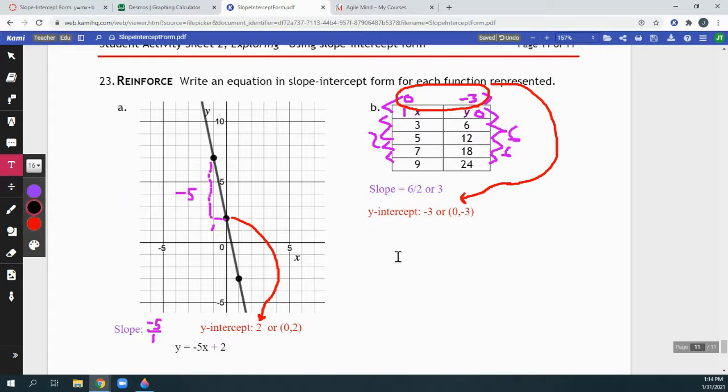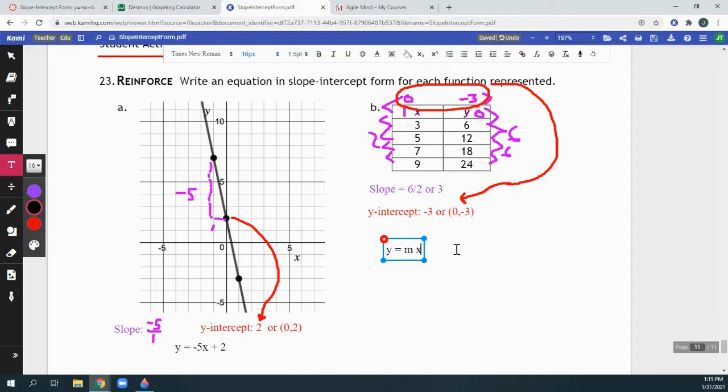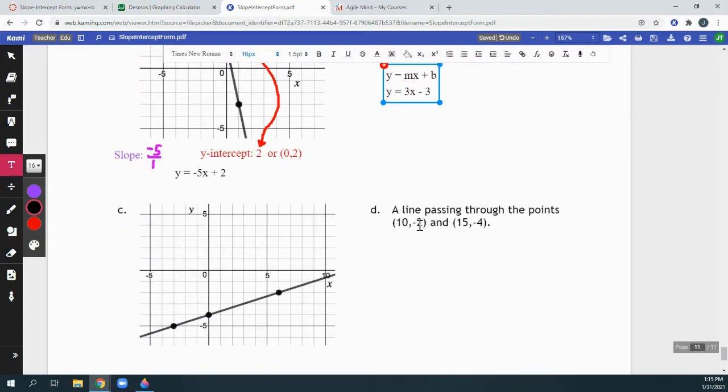So my formula should have those two numbers. y equals mx plus b turns to y equals 3x minus 3. This one's -3 and that one's +3. So here's my +3 and my -3.